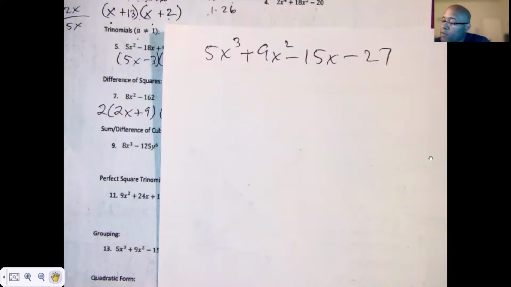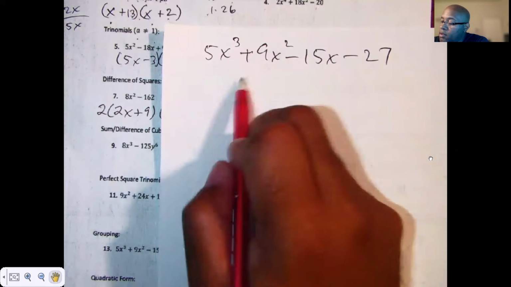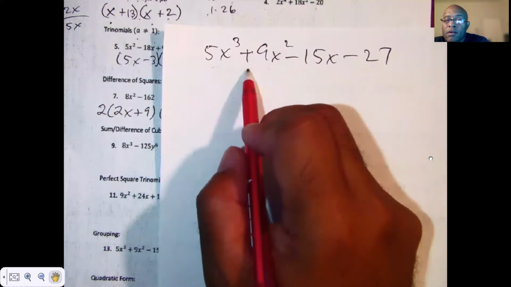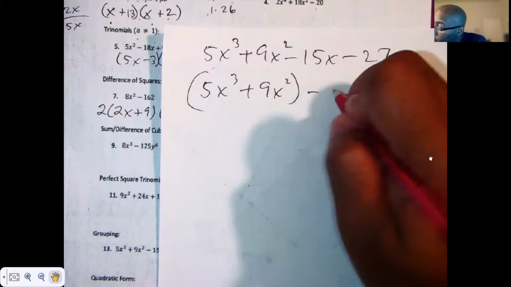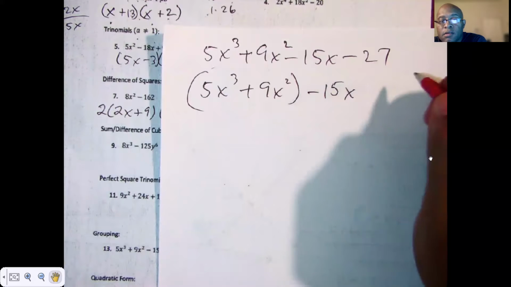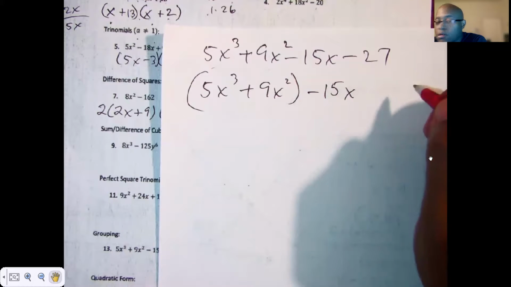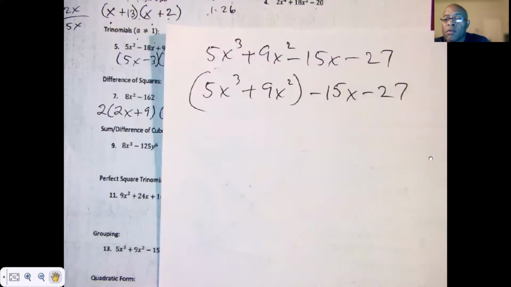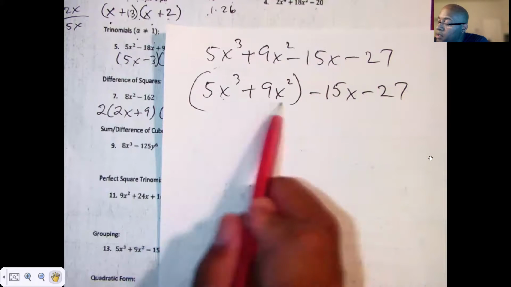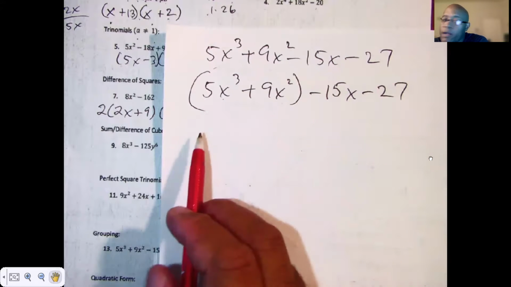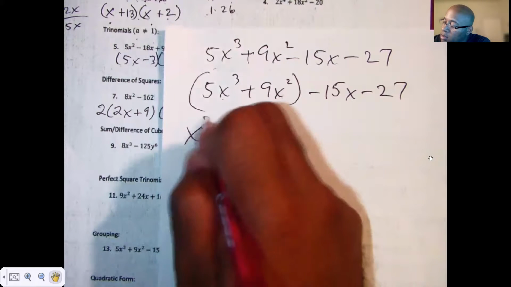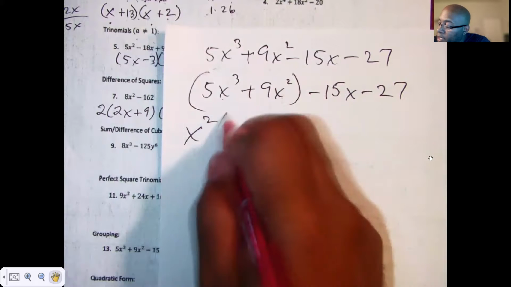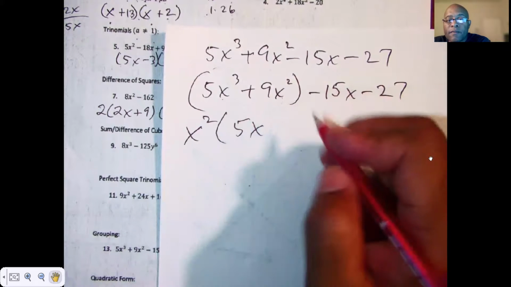Let me show you what I mean. If I take 5x to the third plus 9x squared and separate that from the 15x, what do you see here? 5 and 9 cannot be factored. What do you notice about x to the third and x to the second? What's common in both? x squared. So that leaves 5x plus 9.